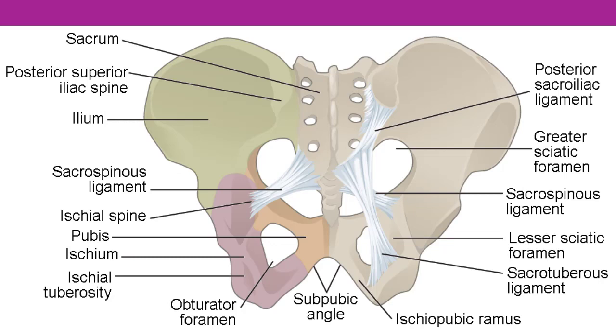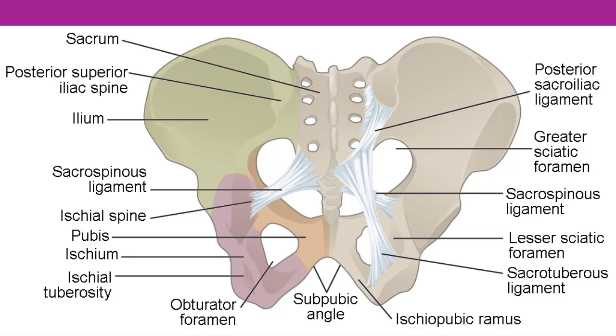Several ligaments unite the bones of the pelvis. The largely immobile sacroiliac joint is supported by a pair of strong ligaments that are attached between the sacrum and ilium portion of the hip bone, and these are the anterior sacroiliac ligament on the anterior side of the joint and the posterior sacroiliac ligament on the posterior side.